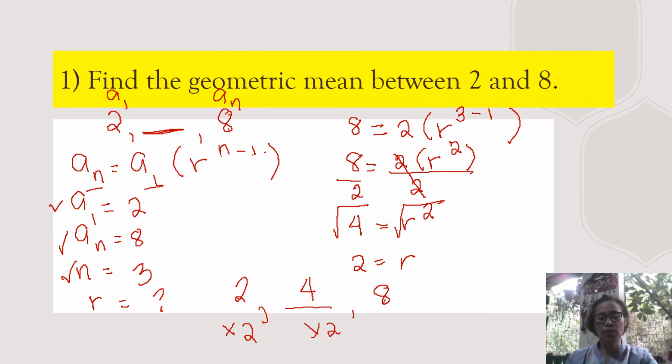So therefore, this ratio is correct, and the geometric mean that we are looking for is actually the value 4. That's how you find the geometric mean in between two terms. Now, let's level up with the next example.